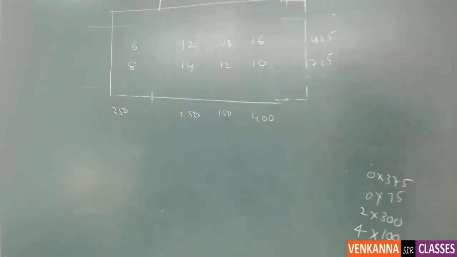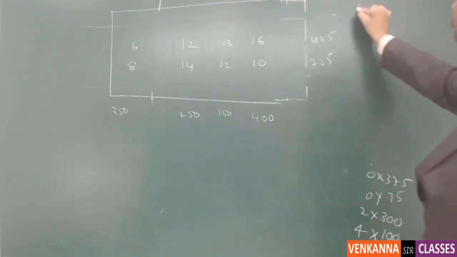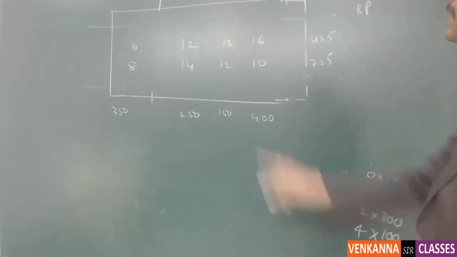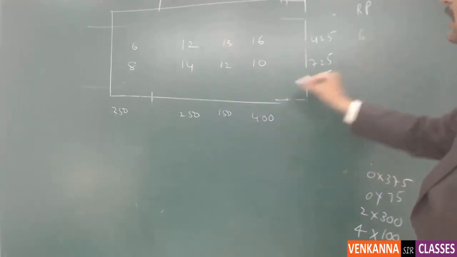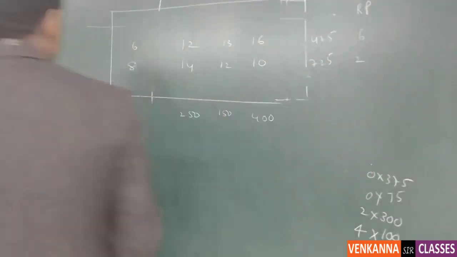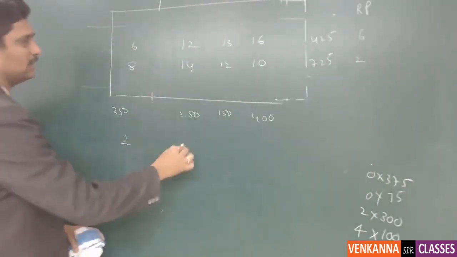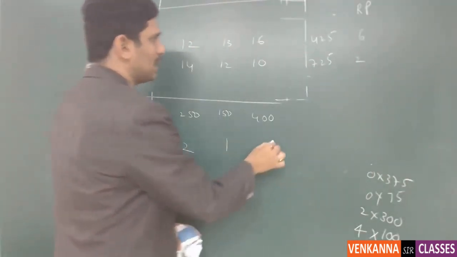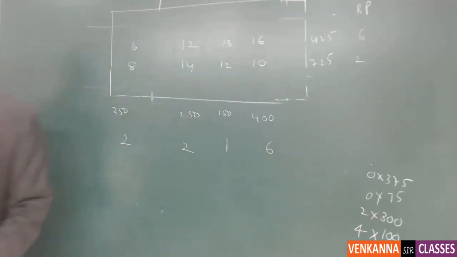Again, I am calculating the penalties. For row penalties, here the difference is 6. Here the difference is 2. Here you have 2, 2, 1 and 6. Now you can observe a tie situation here. The row and column penalties are equal.